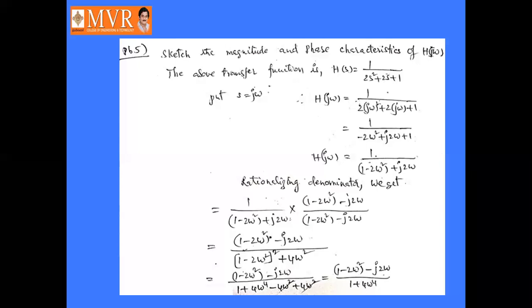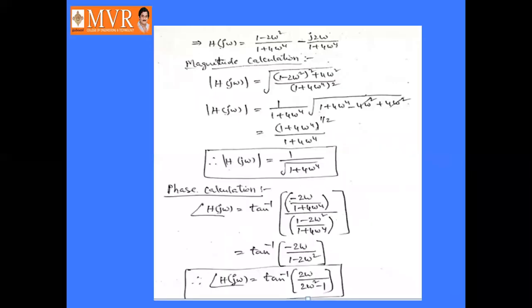So that it will become 1 minus 2 omega square minus j2 omega by 1 plus 4 omega power 4. Okay, so h of j omega can be written as 1 minus 2 omega square by 1 plus 4 omega power 4 minus j2 omega by 1 plus 4 omega power 4.